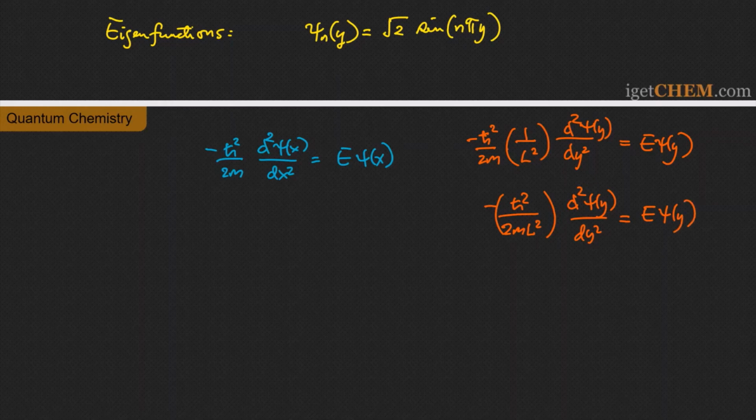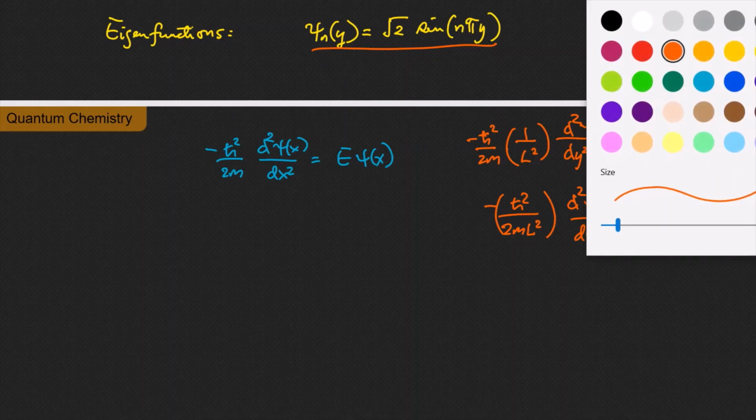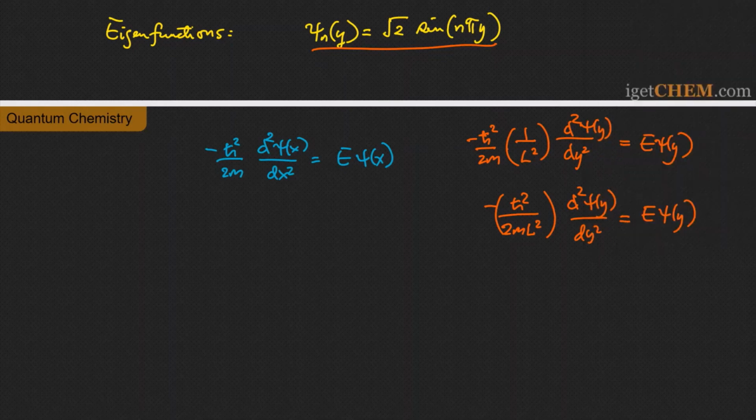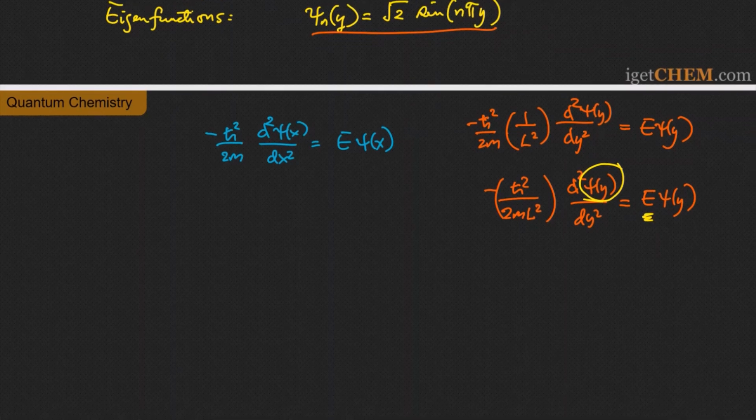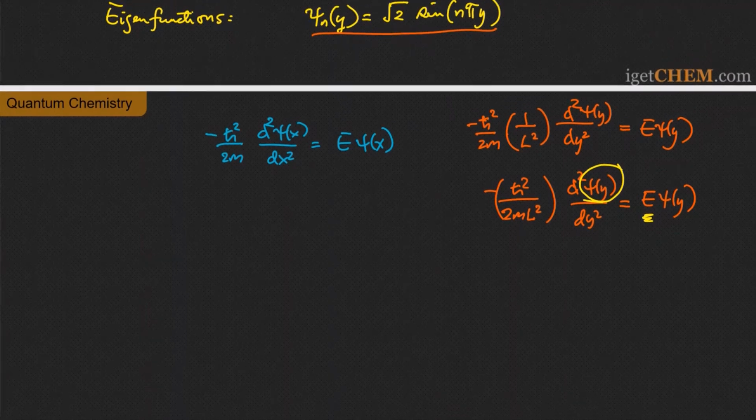And now what we can do is put this formula for psi n of y into this position, and then we will differentiate twice, and use that to figure out what the value of E is. Okay, so let me just do the derivative without all the constants in front.